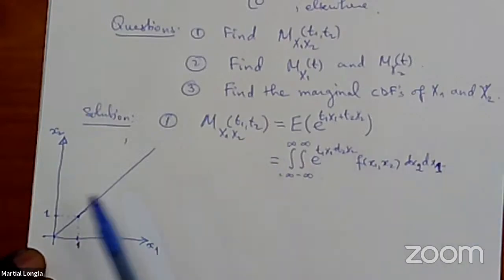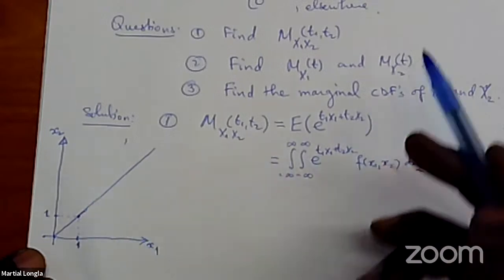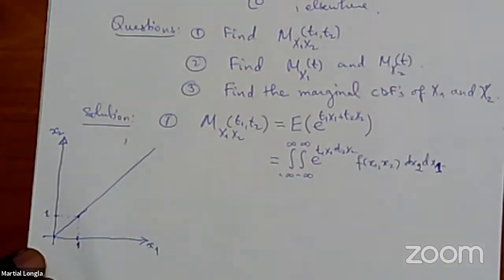How do I know which of the two portions satisfies the inequality that x1 is less than x2? It would be the upper portion, where x2 is greater than x1. That's correct, but how do I know that? If it was a different problem with a different inequality, something more complex, how do I know?